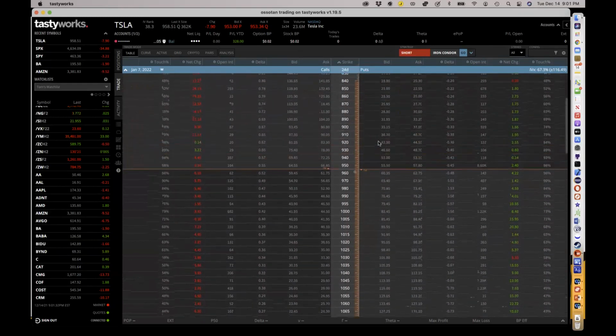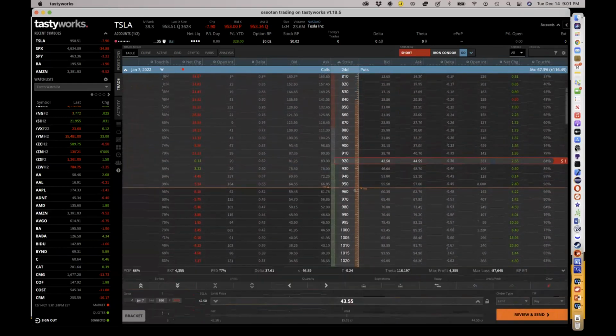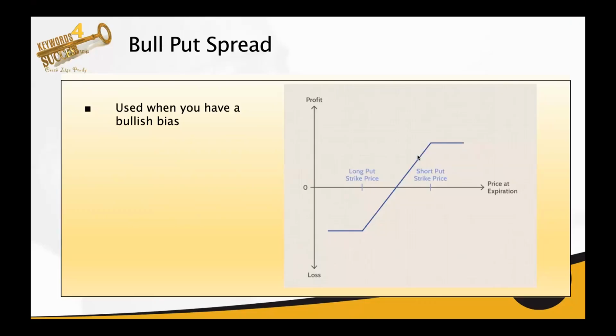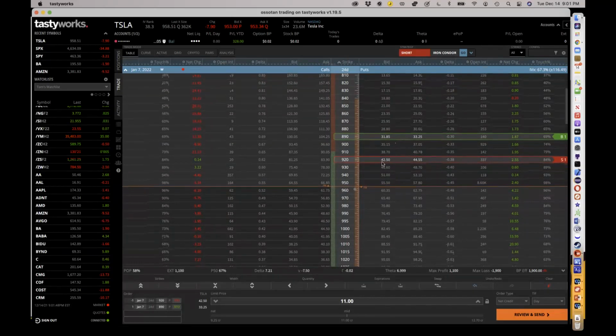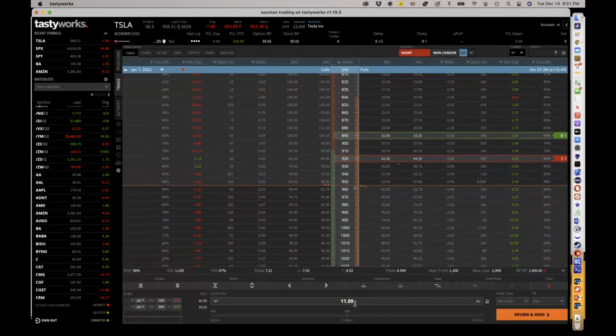If I sell a put here, this will be, excuse me, a bull put spread, because I'm bullish, because my short strike is here and I'm collecting premium and I want the stock to go up. See that?